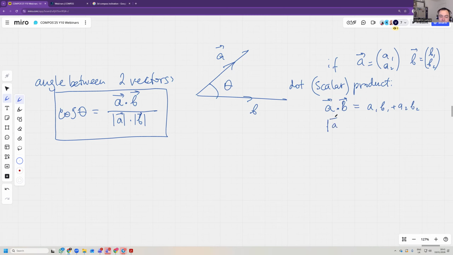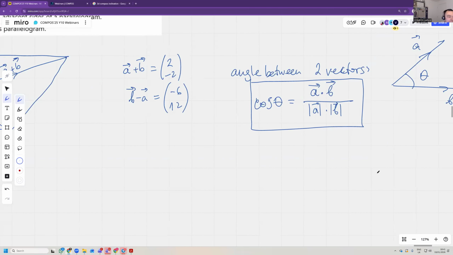The modulus, the length of the vector, comes from Pythagoras' theorem, so the square root of A1 squared plus A2 squared. And B is the square root of B1 squared plus B2 squared.